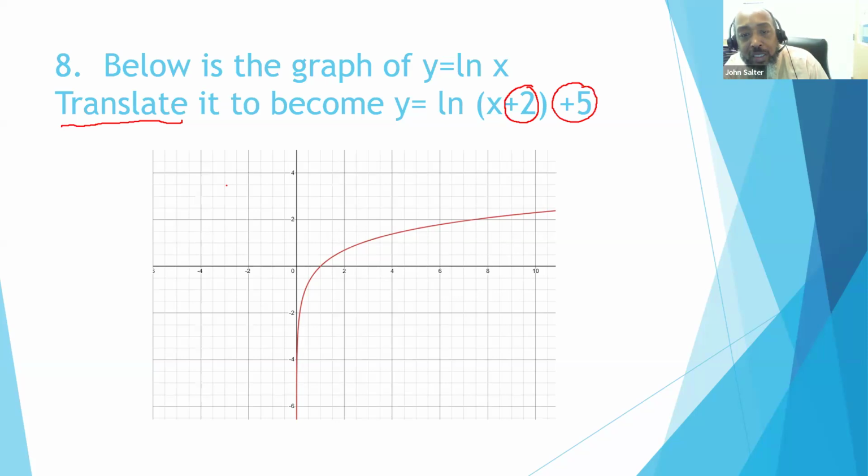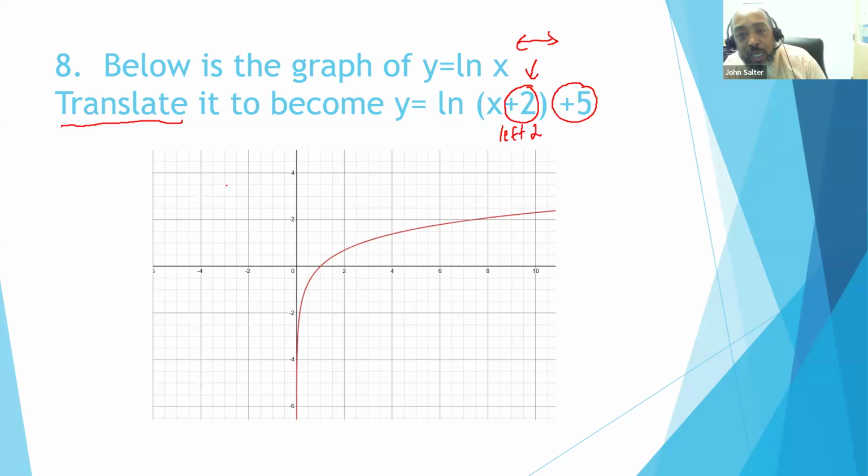I have one thing inside the parentheses, one thing outside the parentheses. Inside the parentheses always tells me if I'm going to be moving it left or right. This plus 2, although normally plus 2 means go into the positive direction, for translations, that's telling me that I need to go to the left 2 units.